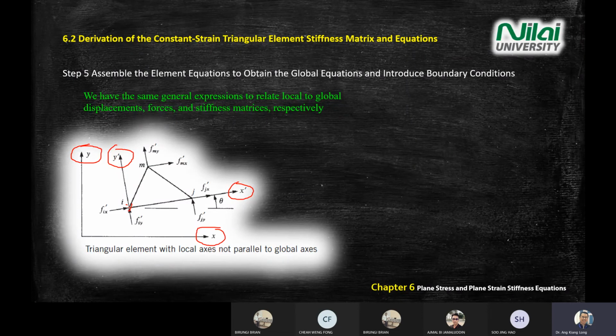Now, no matter how the triangular rotates, we always pick the lowest corner of the element.